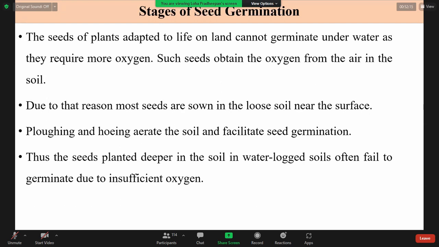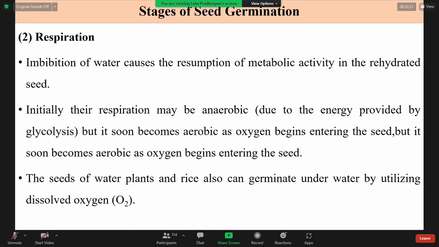So even for some reason, if we put the seeds, some seeds like paddy, that is the case.